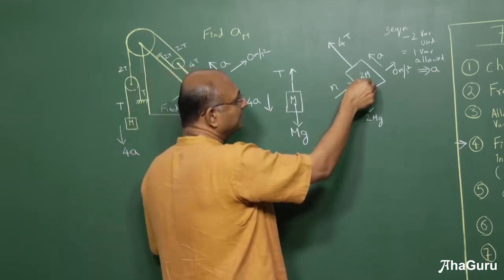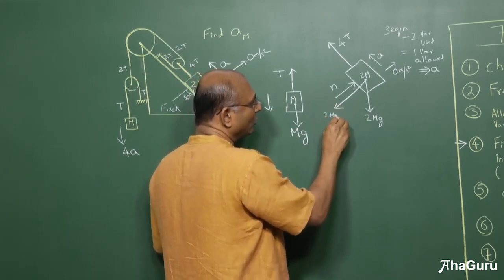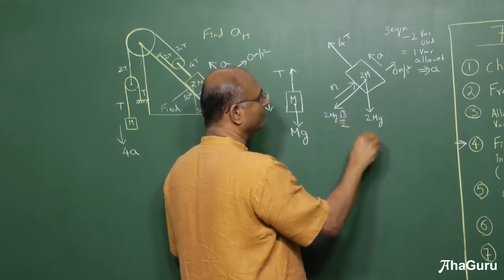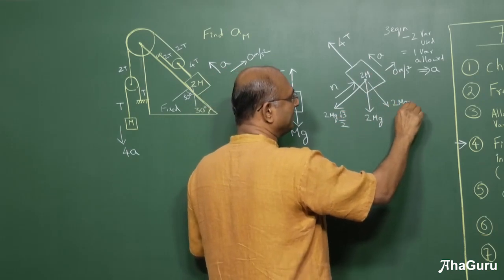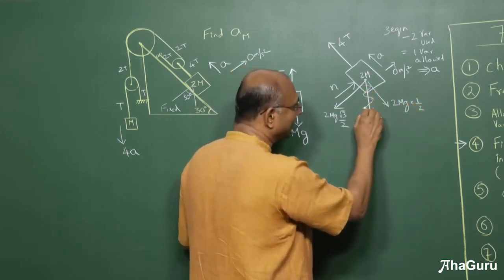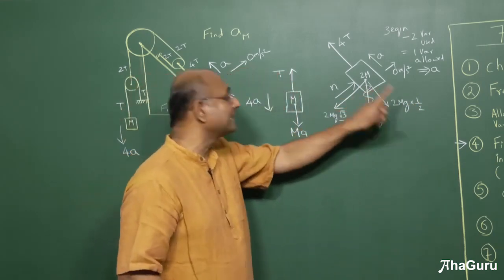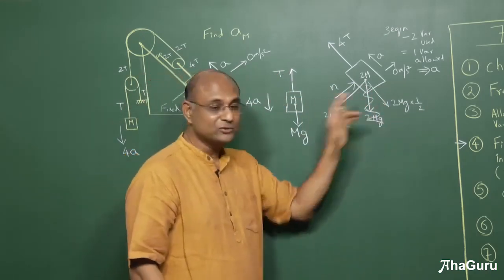So that means 2 mg in this direction is 2 mg cos 30. Cos 30 is root 3 by 2. And in this direction it is 2 mg sin 30. Sin 30 is half. When you do that, please destroy the 2 mg. You can't say 2 mg, this and that will be double counting. 2 mg is what has been replaced by these two forces.